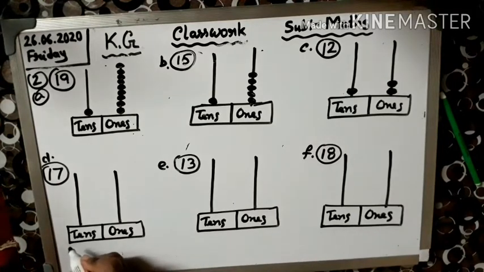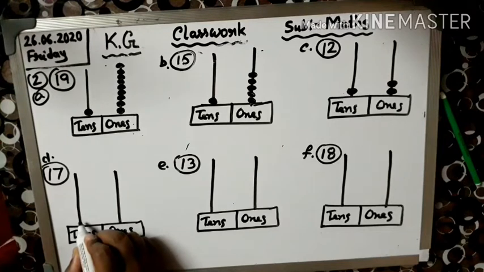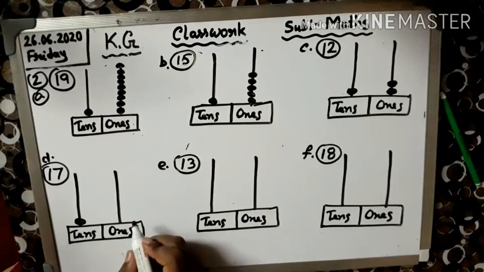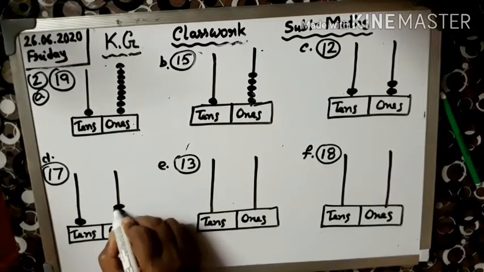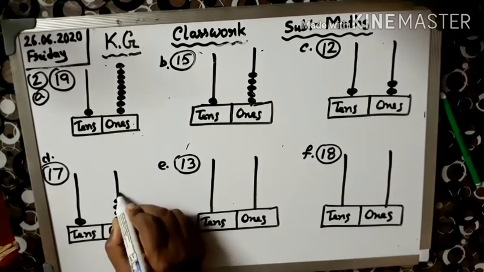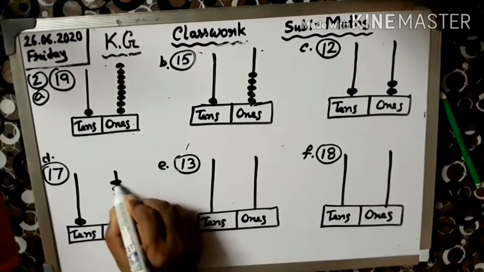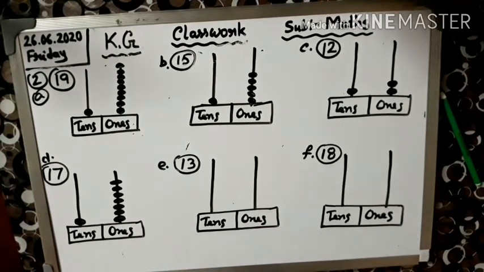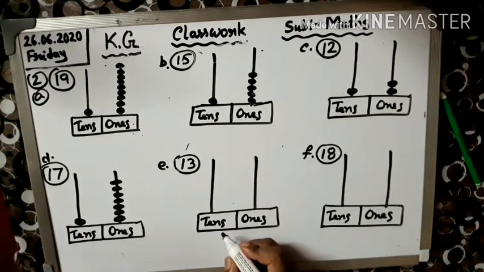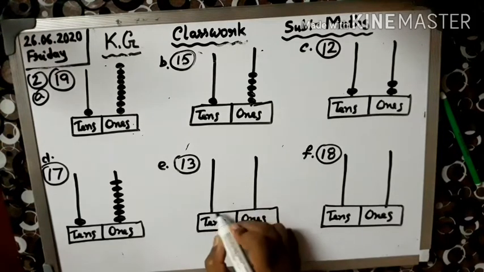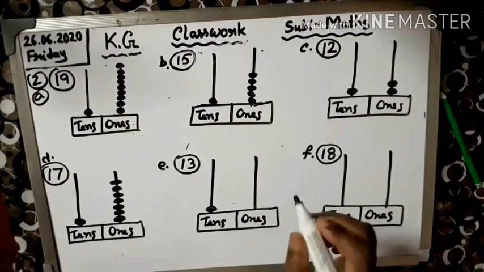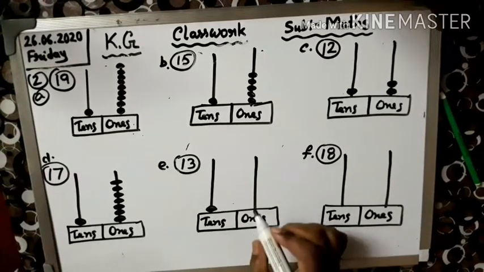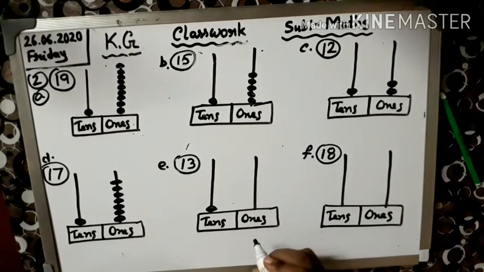Next, draw 1 bead on the tens spike and 7 beads on the ones spike. Next, draw 1 bead on the tens spike and draw 3 beads on the 1 spike.